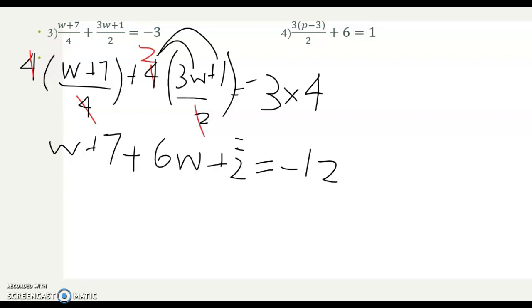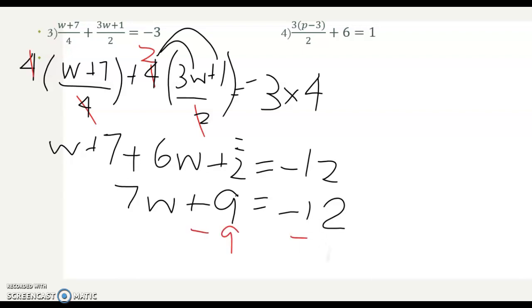Now let's tidy it up a bit. We've got w plus 6w is 7w. We can add the numbers together, which gives us 9. Of course, our next step is to subtract 9 from both sides.